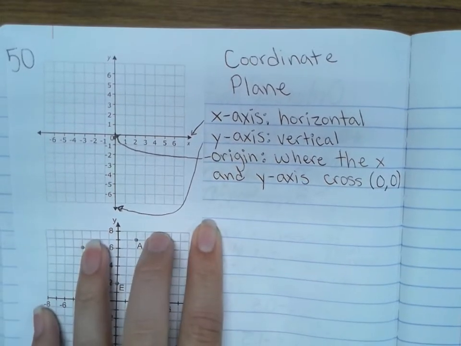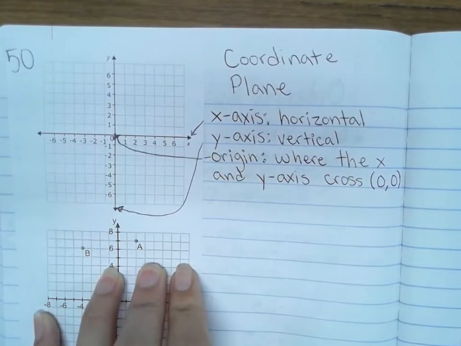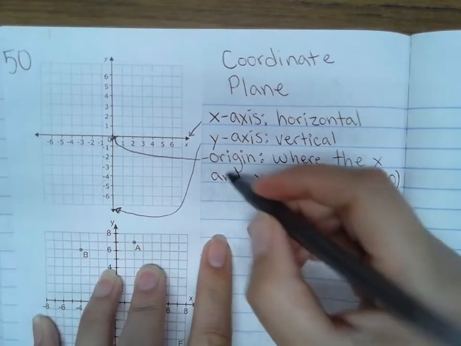Okay, now notice here that the axes break it into 1, 2, 3, 4 sections. These are called quadrants.